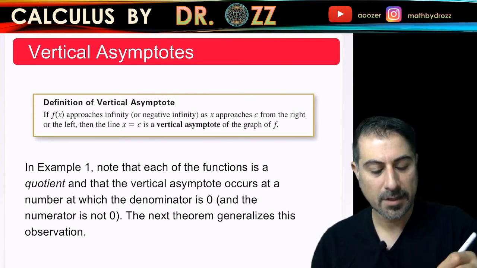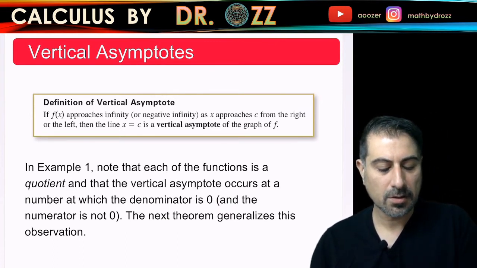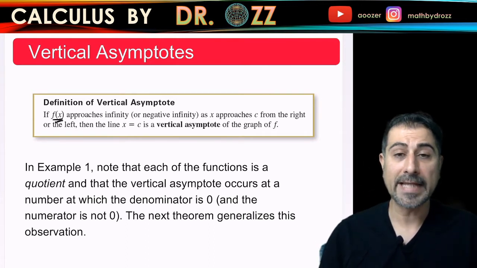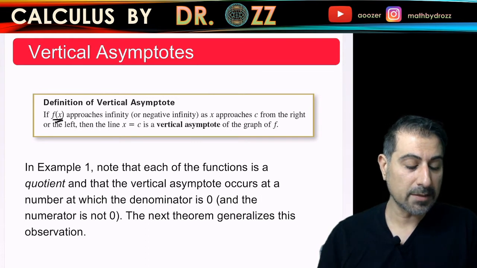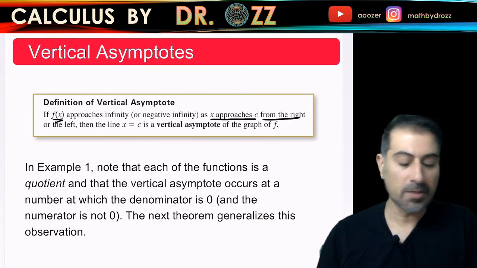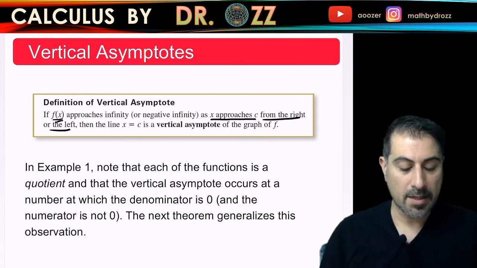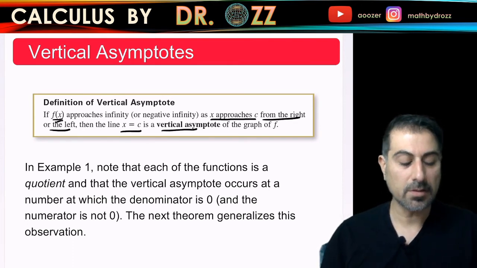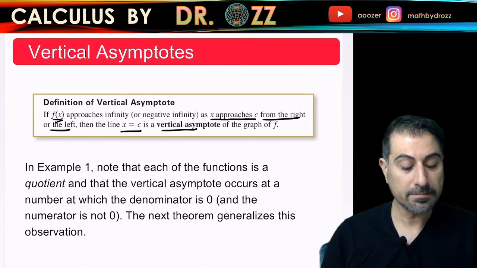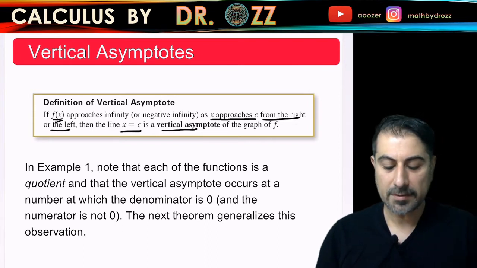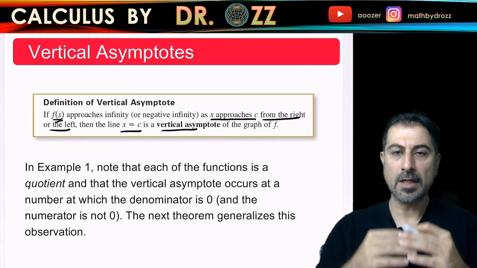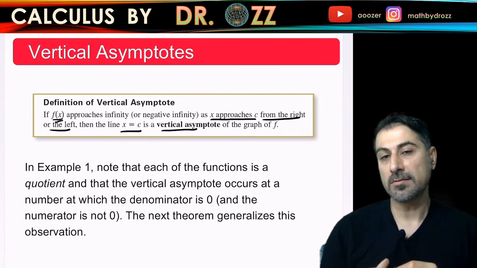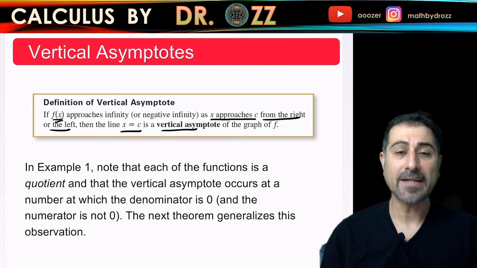If the function under consideration is approaching infinity or negative infinity as x approaches c from the right or the left, then the line x equals c is a vertical asymptote of the graph of f. And notice that you're having a number divided by 0, not 0 divided by 0. So you should look for that pattern.